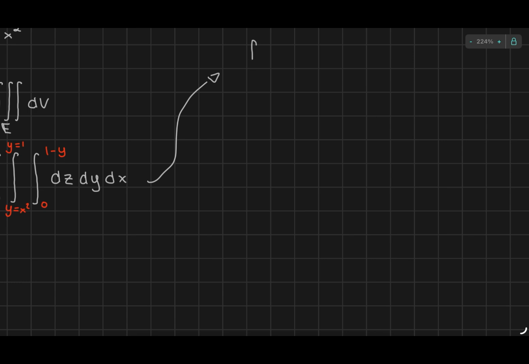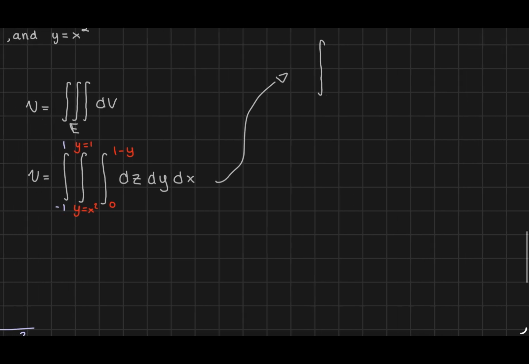We're going to have the integral from negative 1 to 1, the integral from y is equal to x squared to y is equal to 1, and the integral from z is equal to 0 to z is equal to 1 minus y, dz, dy, dx. So we're just going to go ahead and evaluate this now.